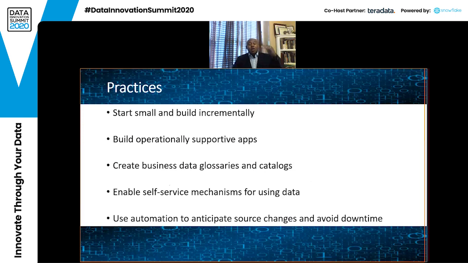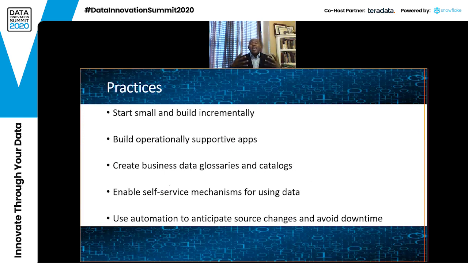That says, okay, in this area I need more people, but in some areas I don't need as many people, and that lets you know how you can better manage your stores or how you can better manage your business. So we want to make sure we build operationally supportive apps.